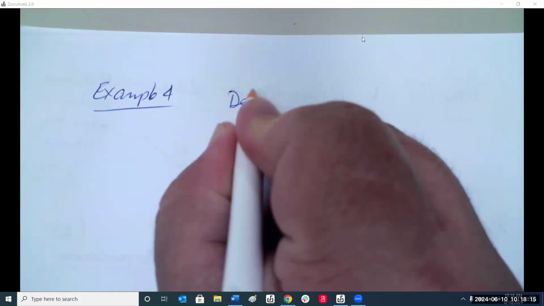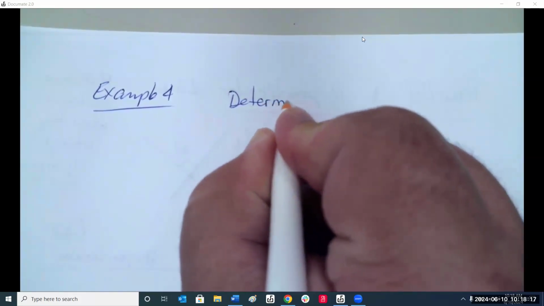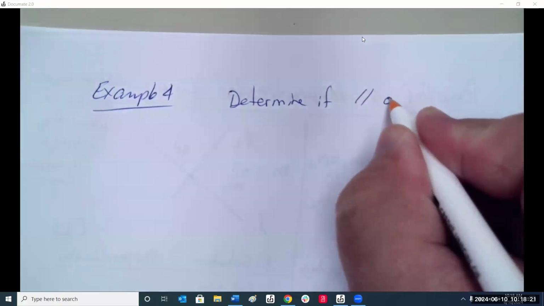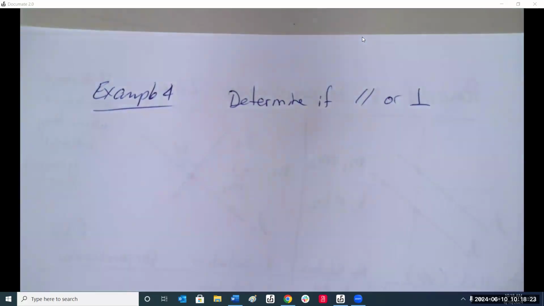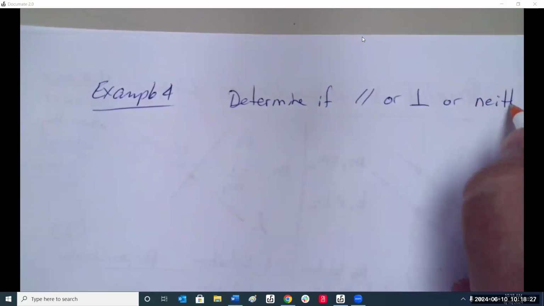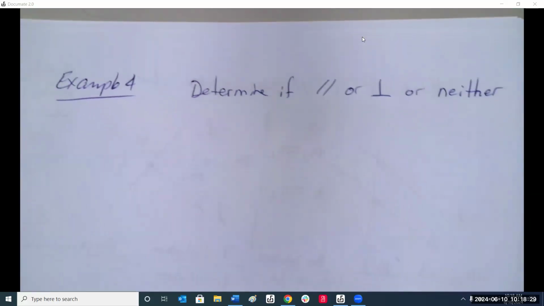Determine whether the lines are parallel. This is example 4. Determine if they are parallel, perpendicular, or neither.